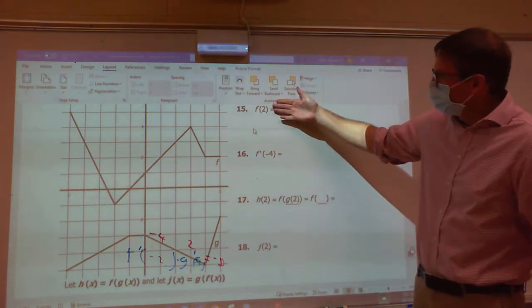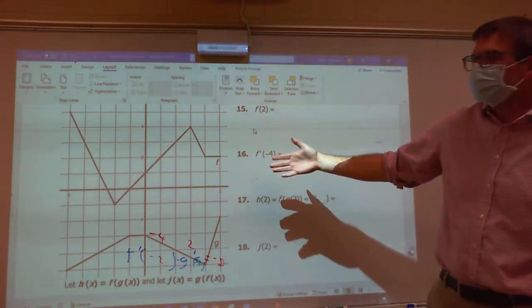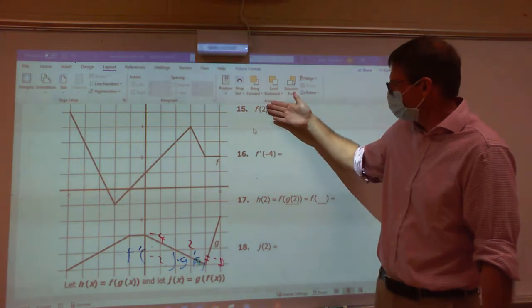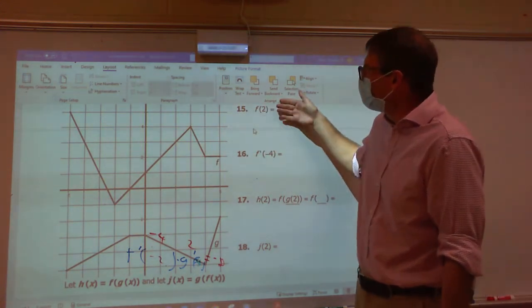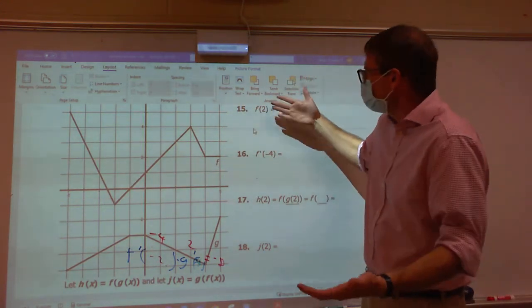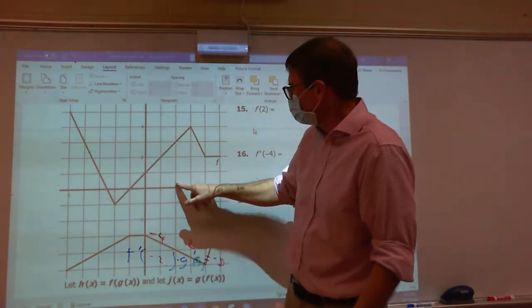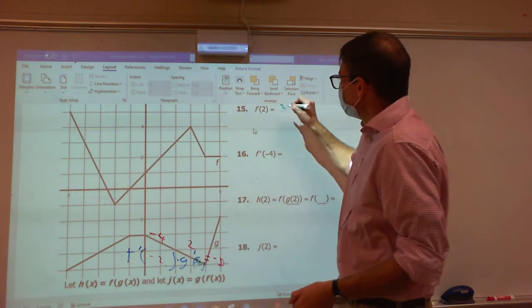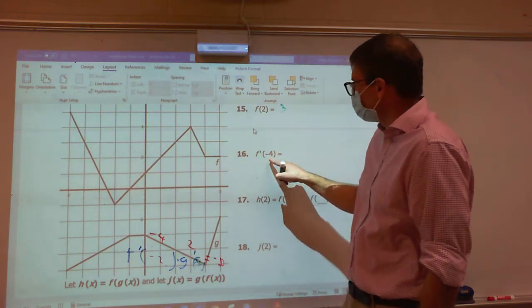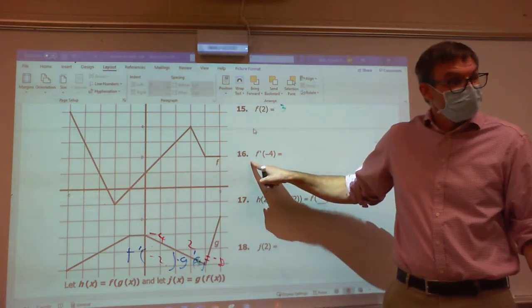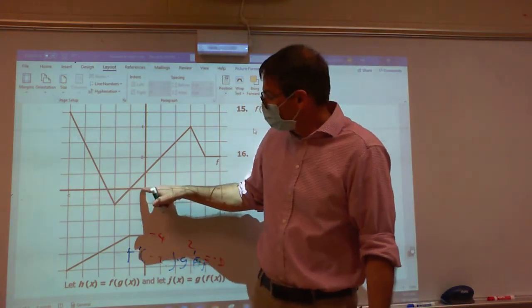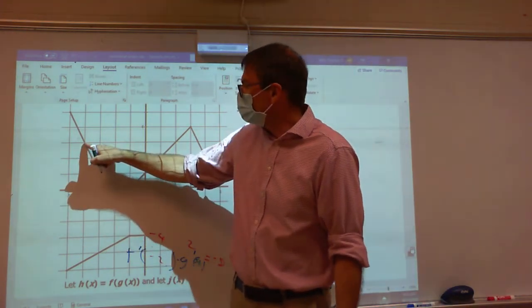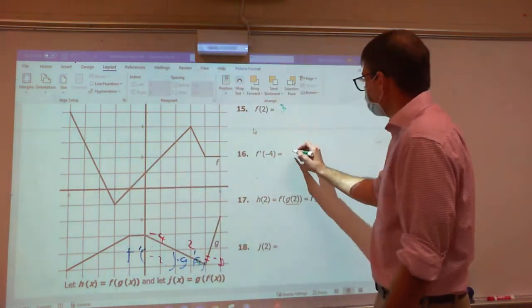Here's a graph of f, what's f of 2, what's f prime of negative 4? Well, f of 2 is, what's the y value at 2? My y value at 2 is 3, so that's not hard. This says, what's f prime of negative 4? Well, this says, what's my slope at negative 4? So if I go here to negative 4, what's my slope here? Well, if I count, okay, my slope is negative 2.